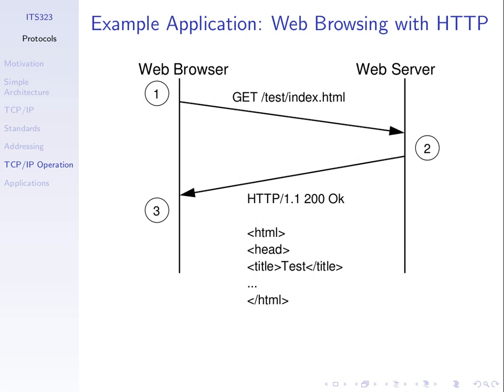The response contains some status code, and importantly, the response contains the contents of the file that was requested. So the contents of my it.html file that I created should be contained in the response. I'll just write response here. That's the basics of HTTP.